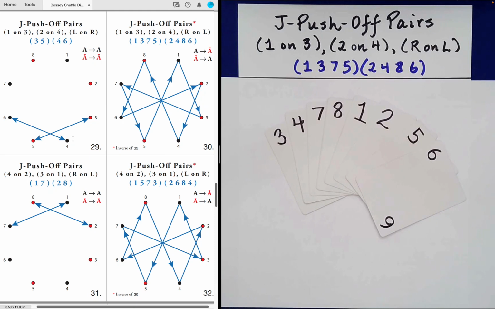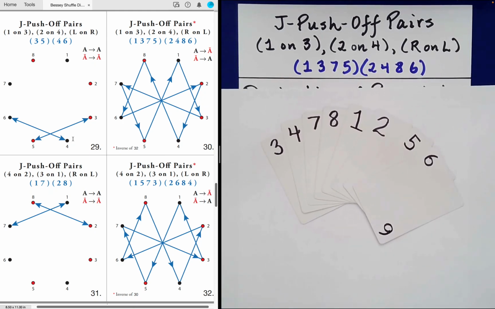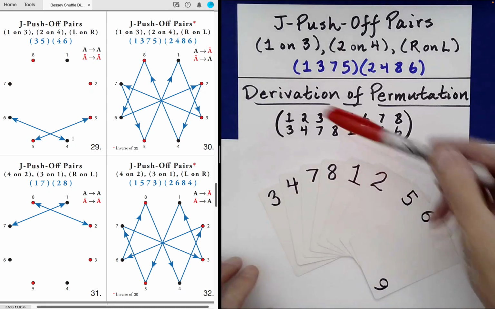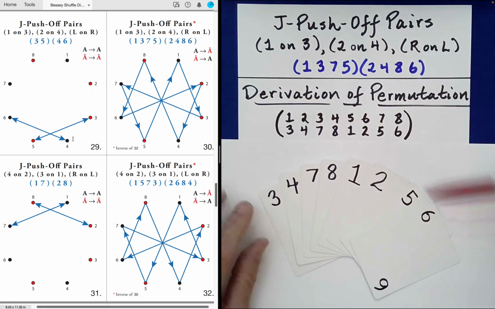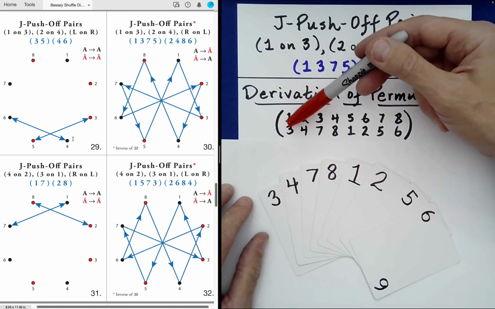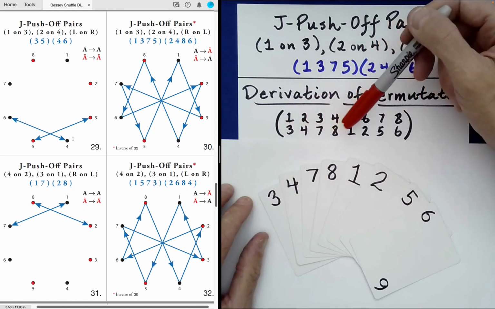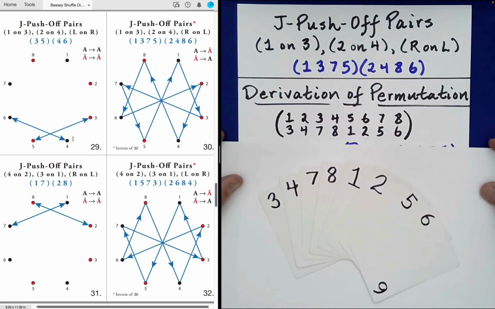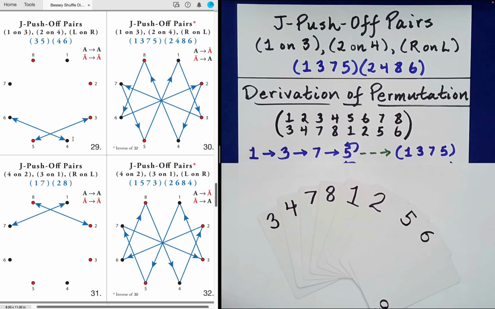So expressed in Cauchy's 2-line notation, we obtain the following. The top row, as always, is 1 through 8, and then we simply list the new ordering of the cards. 3, 4, 7, 8, 1, 2, 5, 6. Converting this to cycle notation, we obtain the following.